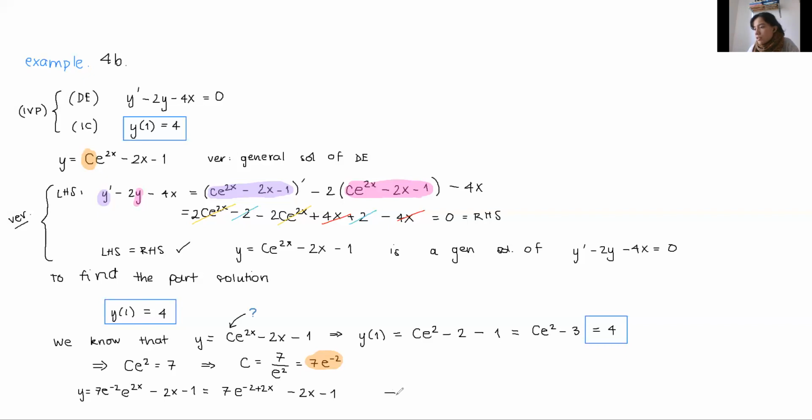And so my final answer is that the function y that satisfies the initial value problem is going to be 7e to the 2x minus 2, minus 2x minus 1. This is my final answer.